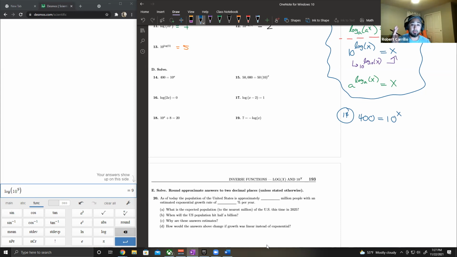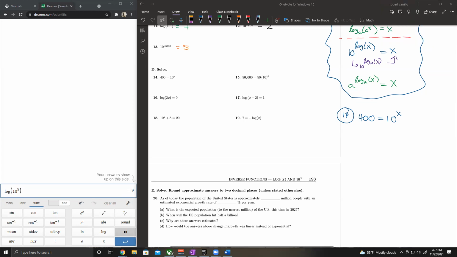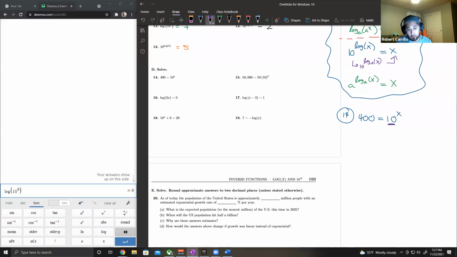So we're going to convert 400 equals 10 to the x into a common log. Remember that the base of the exponential becomes the base of your logarithm. So we're going to get log base 10 of the outside number, 400, and set it equal to the exponent of x.